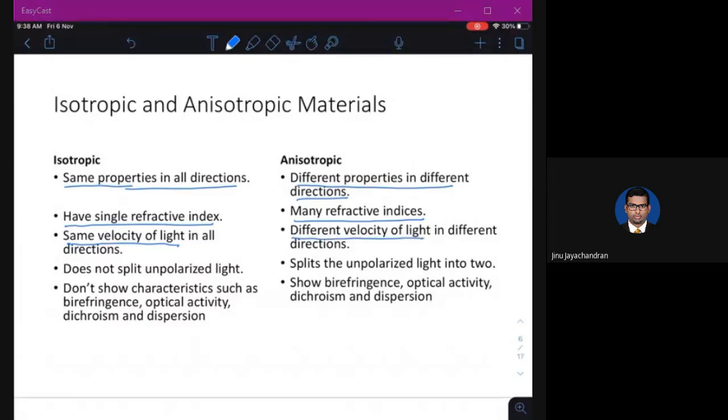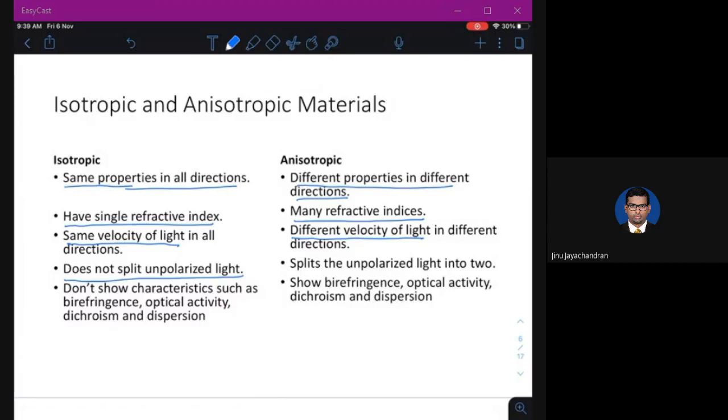So what is the consequence of having different refractive indices? If you have a single refractive index, it does not split unpolarized light. We have seen in that video that you can have mixed polarization, or no polarization for the light, and you can always create polarized light from unpolarized light. You can create linear, circular, or elliptical polarized light from unpolarized light.